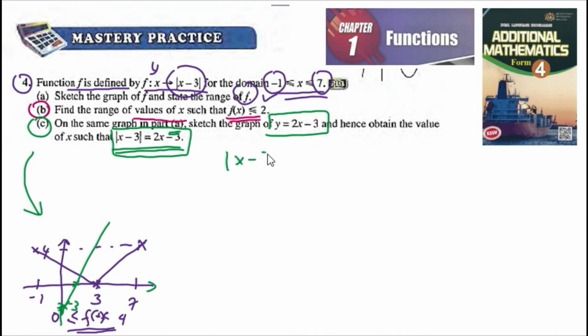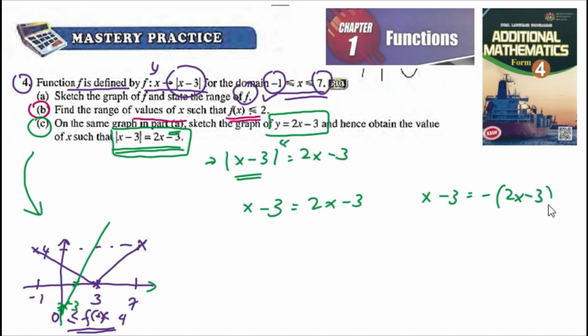So obtain the value such that |x − 3| is equal to 2x − 3. To find this, we must remove the modulus. When removing the modulus, the value might be negative or positive. So it can be x − 3 equal to positive 2x − 3, or x − 3 equal to negative (2x − 3). In the first case, we bring x here, 2x − x is equal to x, and negative 3 plus 3 is equal to 0.